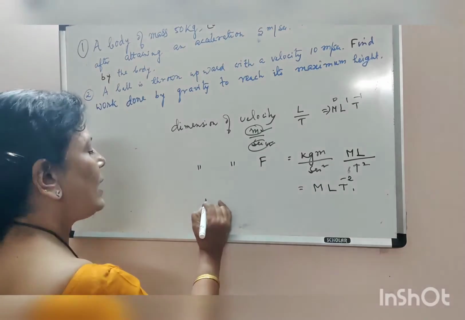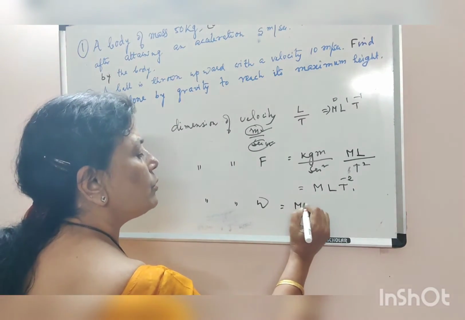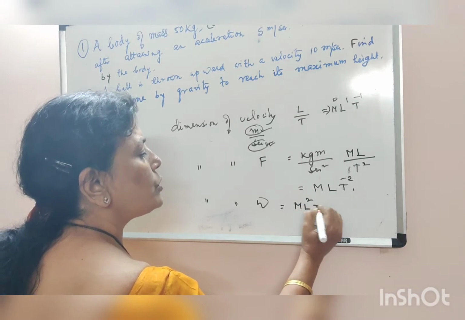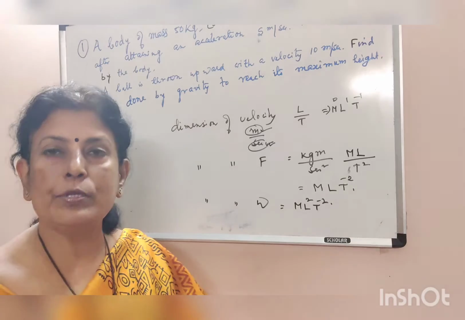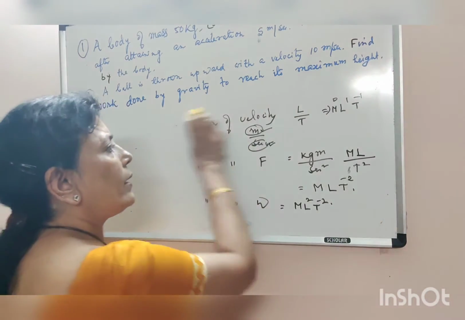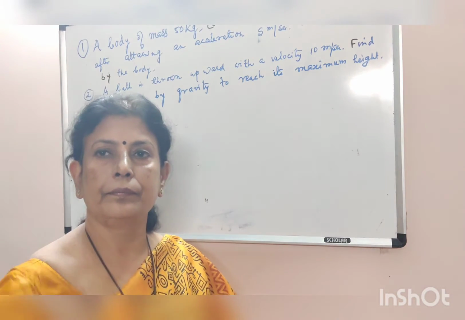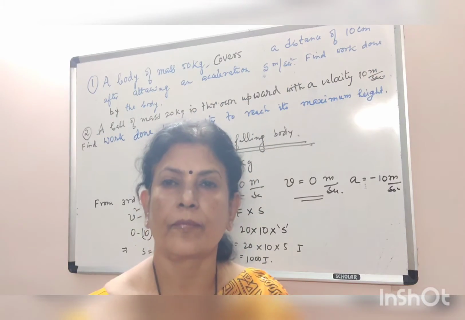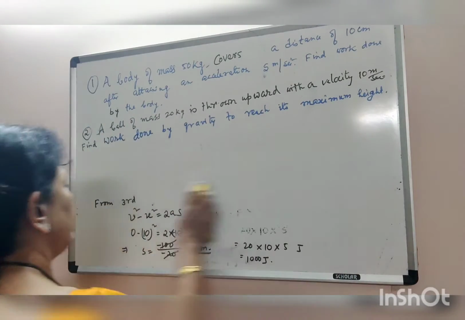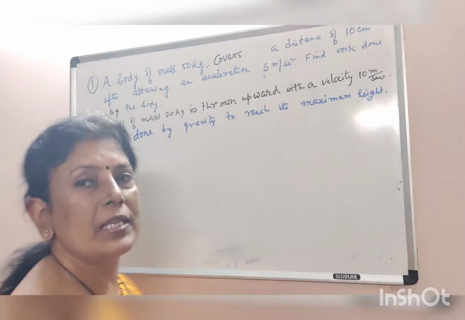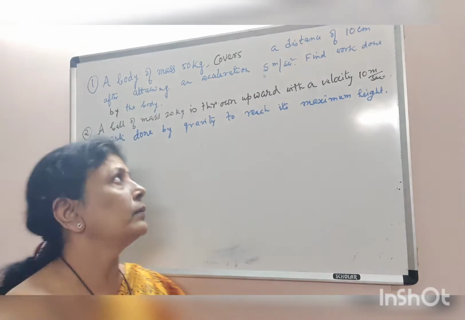And similarly work done has dimension mass into length to the power 2 into t to the power minus 2. This is all about dimension. So now we have the concept of work done. On the basis of this concept we can solve problems on work done.